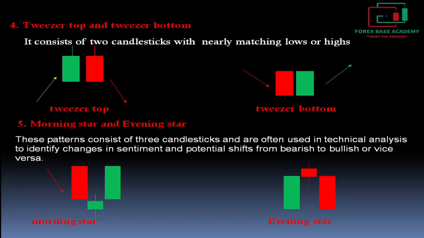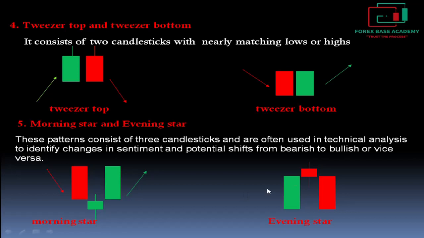So when we see such 3 candles forming at the end of a downtrend, or when the market is trending down, and we see such buying pressure forming after these 3 candles, we anticipate that the market is changing direction, or there is going to be a shift from that downtrend to an uptrend. In simple terms, the morning star is a bullish candlestick pattern.